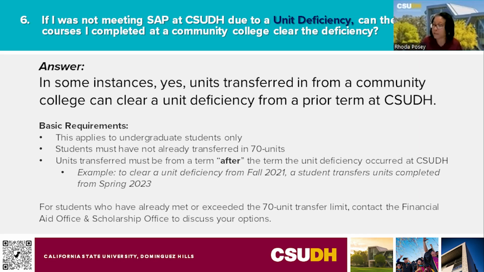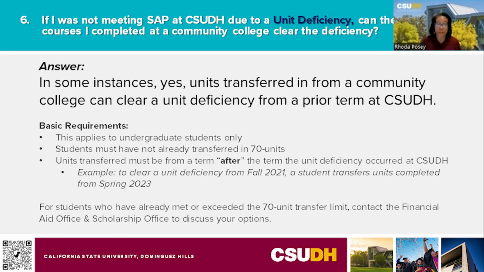Number 6, if I was not meeting SAP at CSUDH due to unit deficiency, can the courses that I completed at a community college clear that deficiency? So here's that answer. In some instances, I repeat, in some instances, yes. Units transferred from a community college can clear a unit deficiency from a prior term. What are the basic requirements on that?